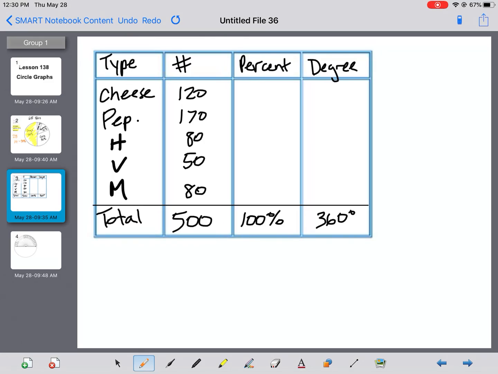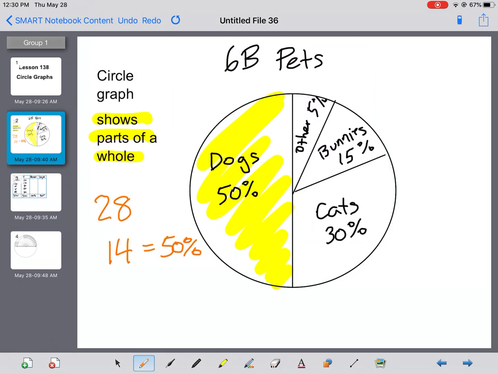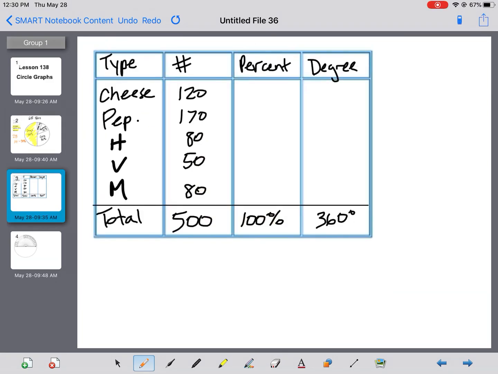Okay? Now, in order to make a circle graph from this data set, we need to convert these values into percents, right? Just like with the pet example, 50% of people had dogs, and that was 14. So the original chart said probably 14, and then you'd have to convert it into a percent. And the way that you do that is a way that we have done before when we learned about percents.